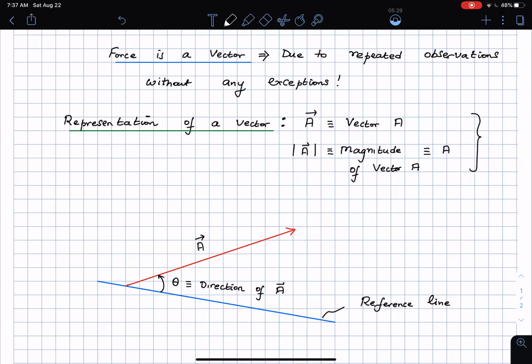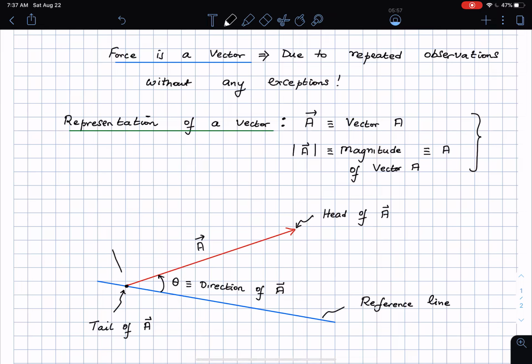All right, the point where the vector originates is called the tail of the vector. Okay, so this is the tail of vector A. The point where it ends, which is labeled by this arrow, is called the head of vector A. And then the distance from the tail to the head is called the magnitude.